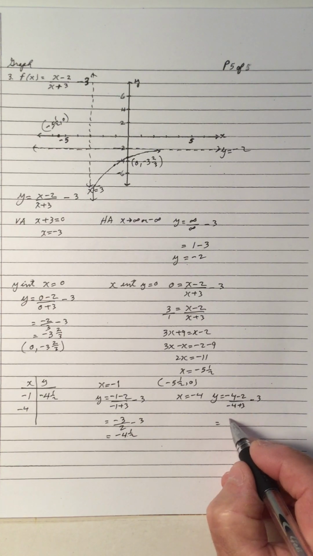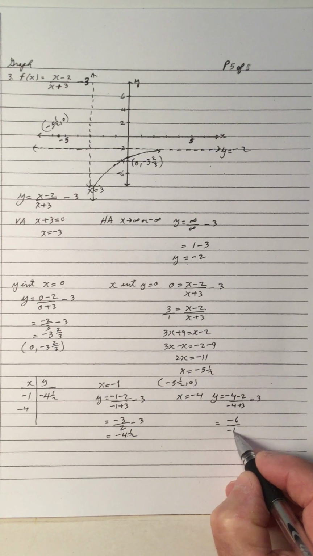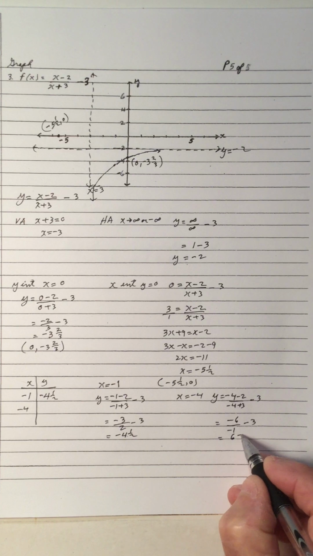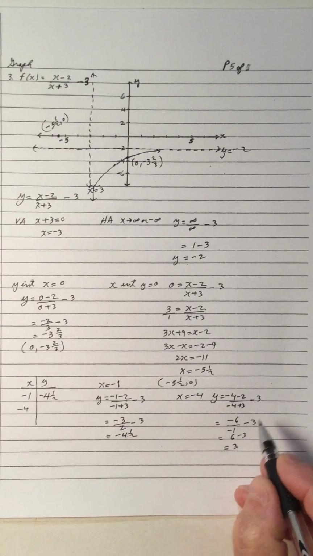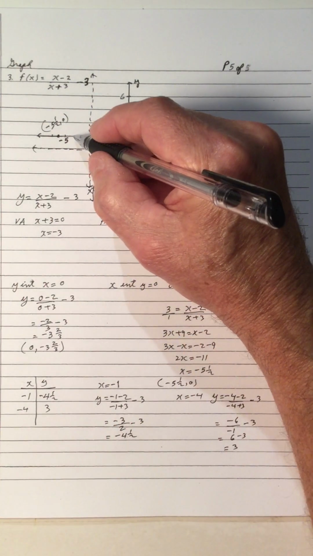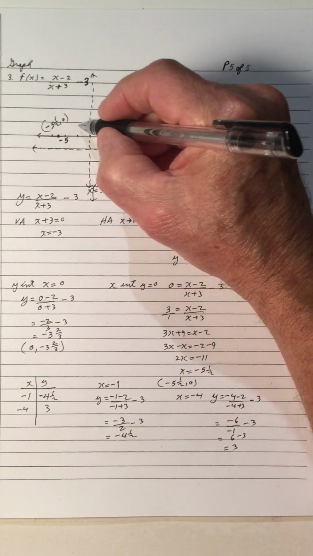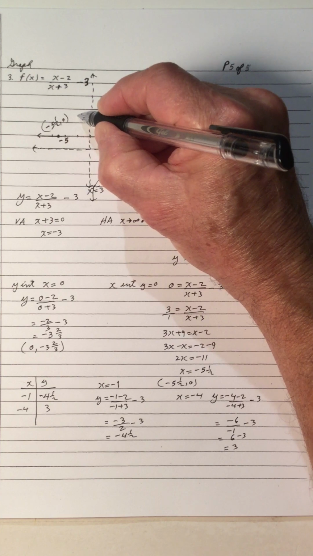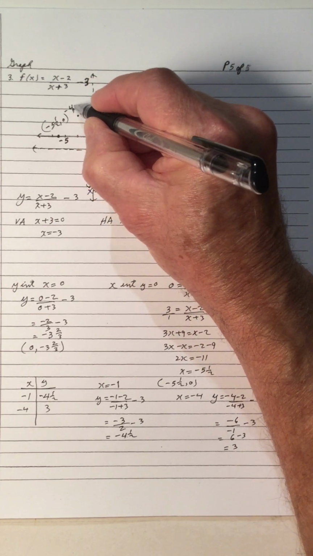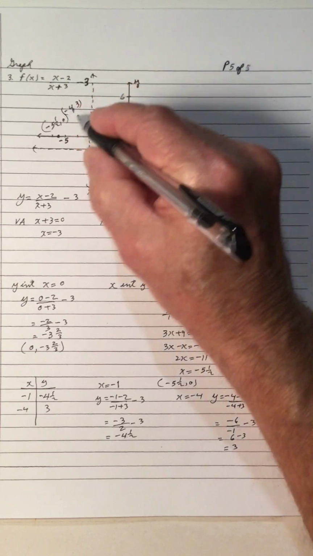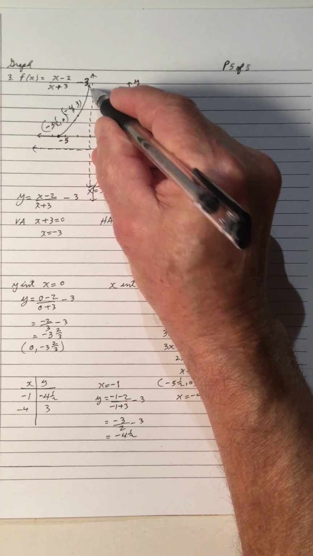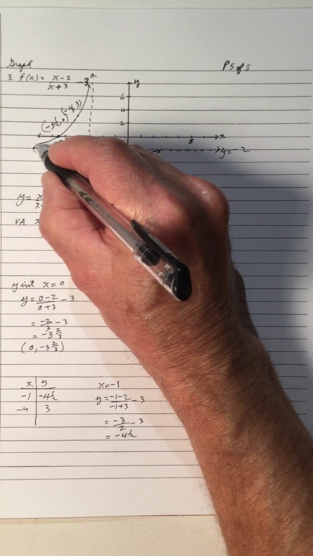That's negative 6 over negative 1, so that's 6 minus 3, which is 3. So negative 4 gives us a 3. So that's the point negative 4, 3. So it's going like this, and there it is.